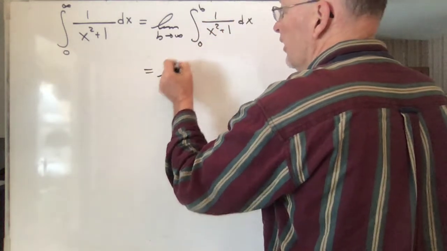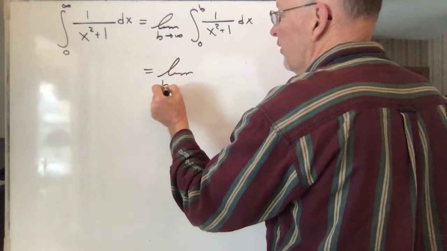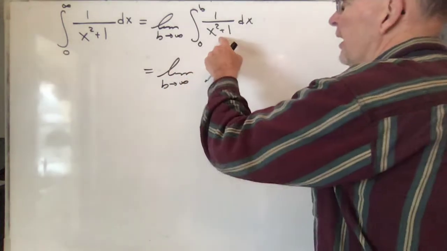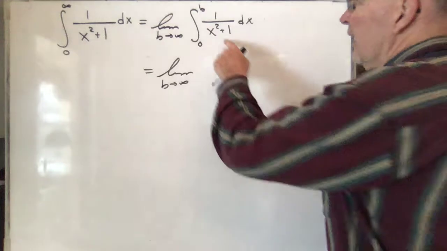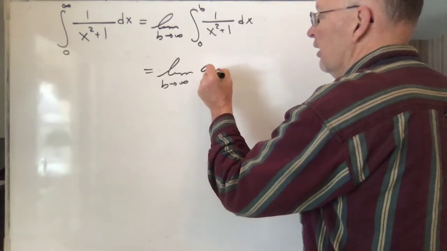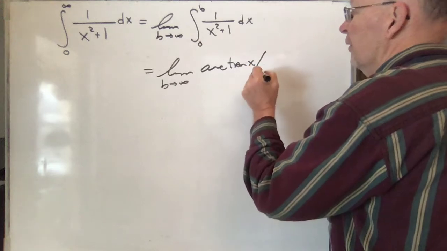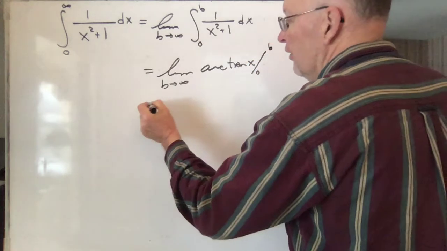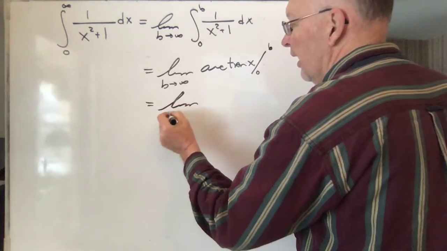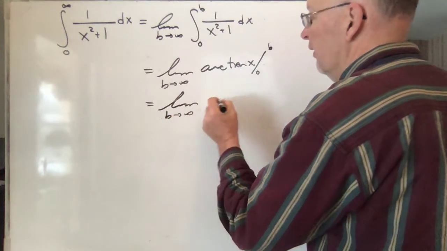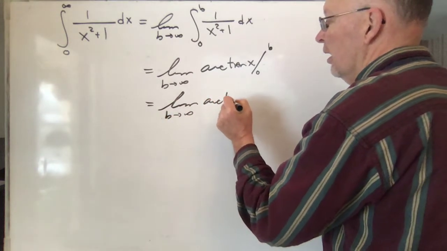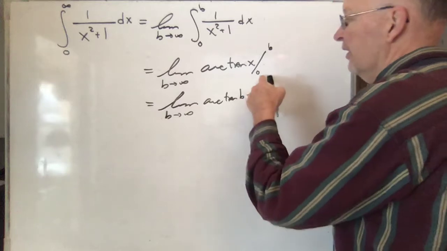And then we evaluate this, and now you need the antiderivative of that. The antiderivative of this, recall, is the arctan of x evaluated from 0 to b, and then you take the limit as b goes to infinity of the arctan of b minus the arctan of 0.